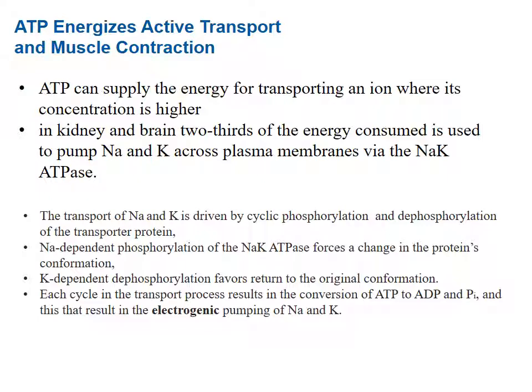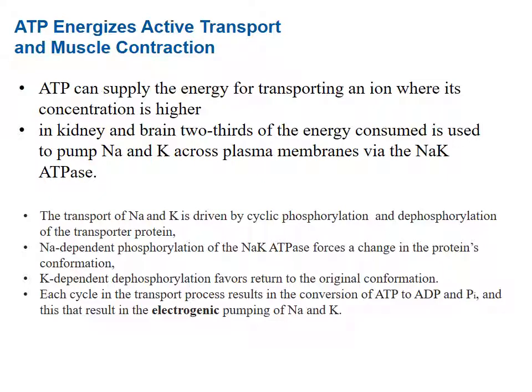Now, how does this work? Well, it's a cyclical phosphorylation and dephosphorylation event. Interestingly, the phosphorylation event is coupled with sodium, where a protein is phosphorylated and it changes its conformation. And the dephosphorylation of this transporter, the sodium-potassium transporter, is coupled with potassium, which results in it going back into its native conformation.